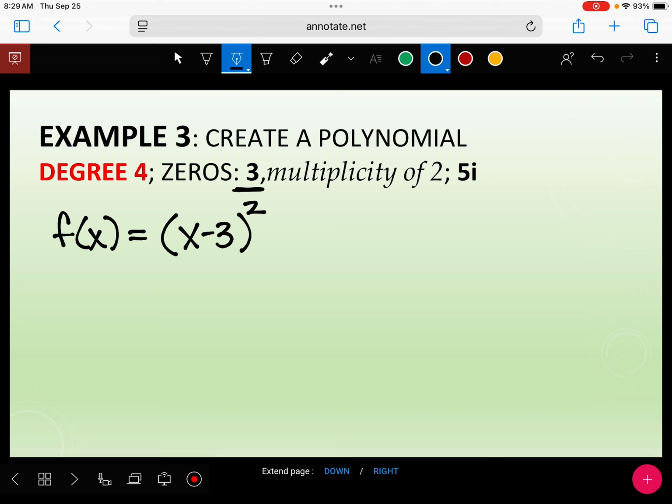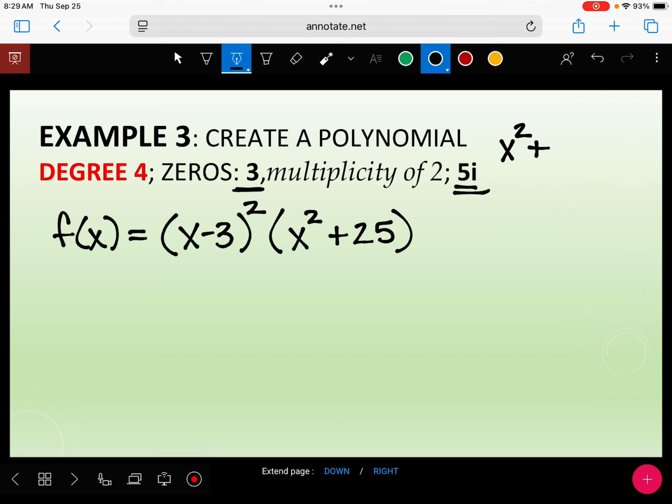Okay, so we have a 5i, which means that my factor is going to start with x squared plus. x squared plus what? 25. Yep. So my second factor would be x squared plus 25. Because in order to get a positive and negative 5i, I had to take the square root of negative 25.